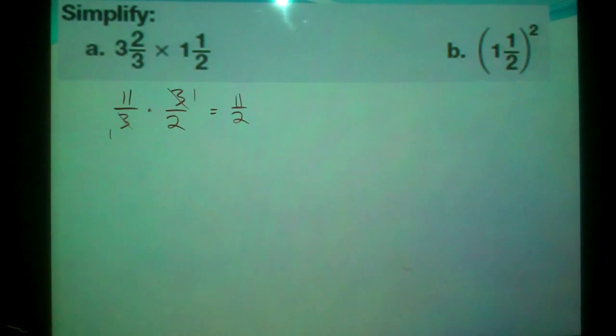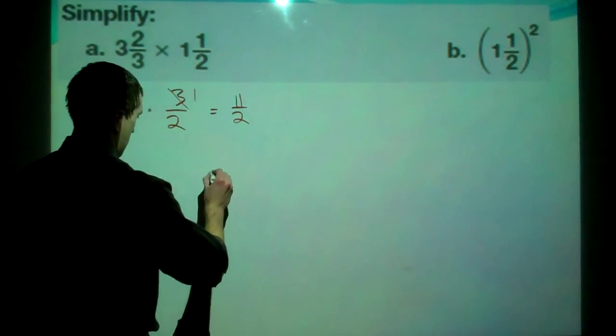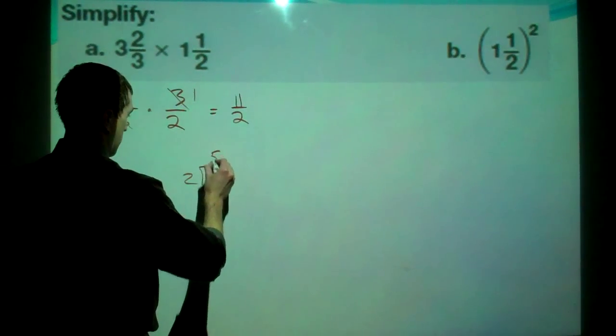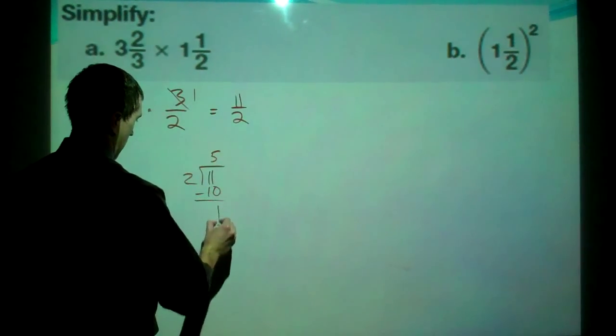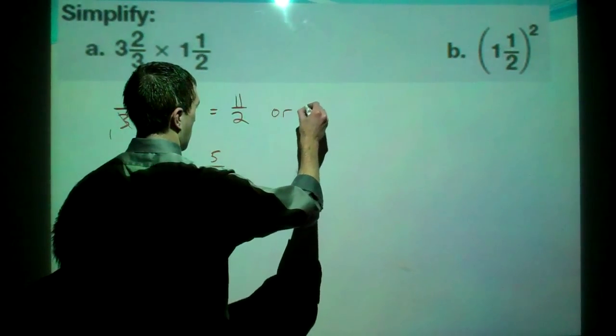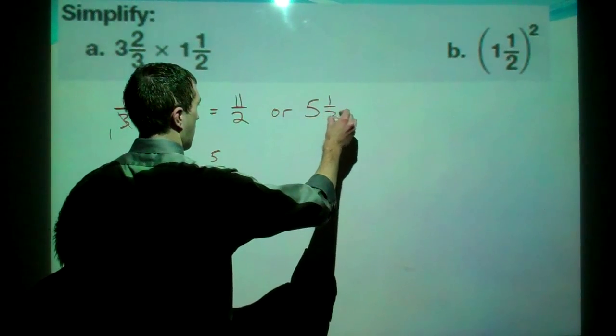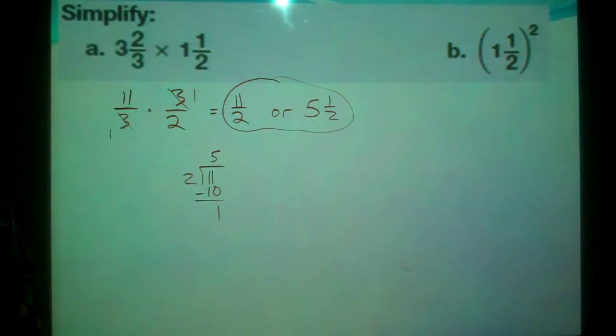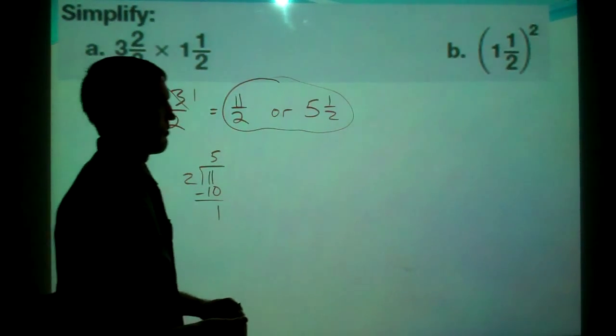Or if we divide that out, 2 goes into 11 5 times. Subtract, and we have 5 and 1 over 2. So 11 halves or 5 and 1/2.